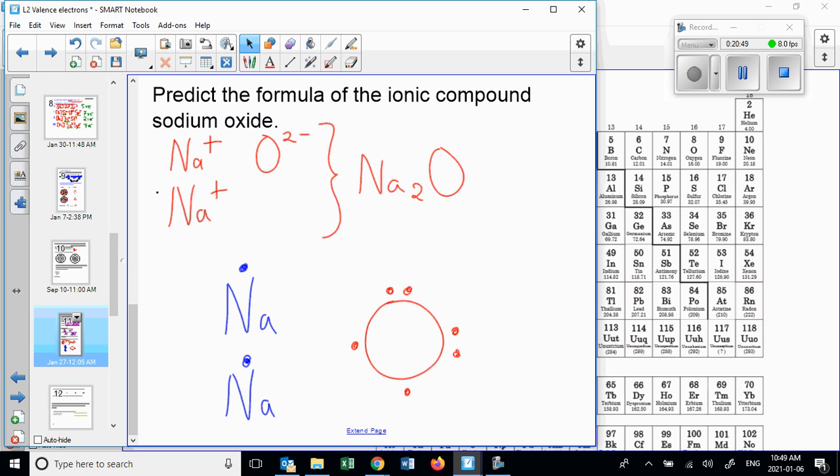So those are the neutral atoms. When they encounter each other in a chemical reaction, you can see that there's a single electron there and a single there. Those singles are where the electrons want to pair up to become more stable.